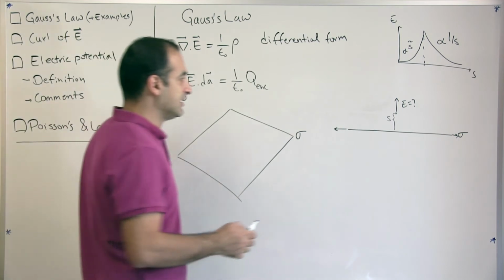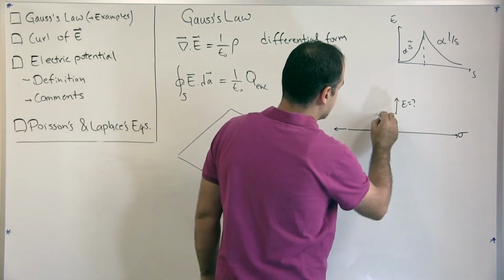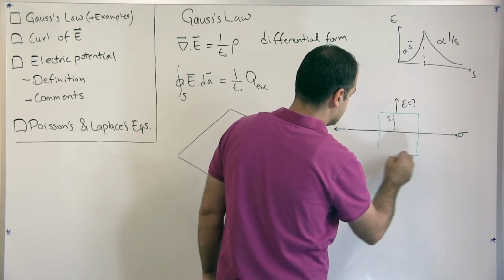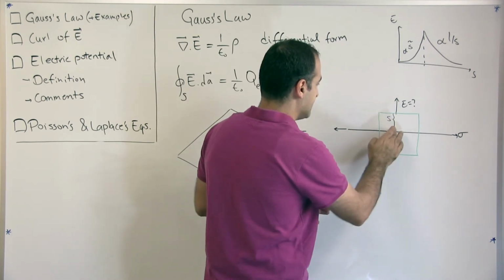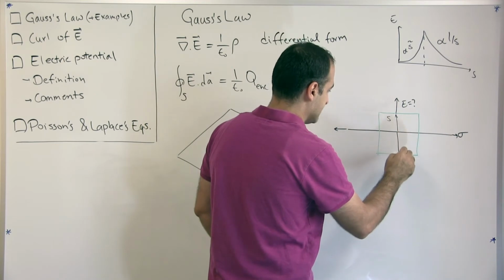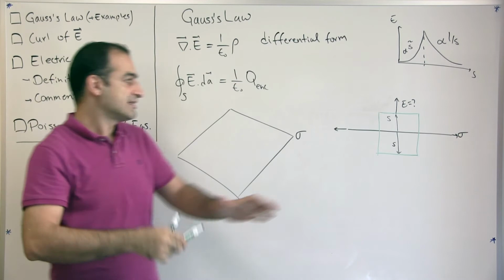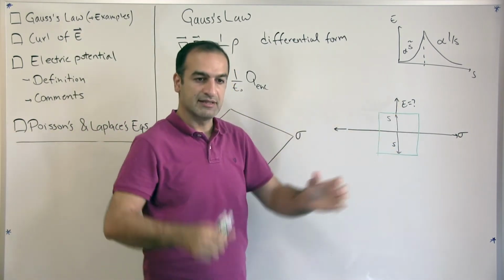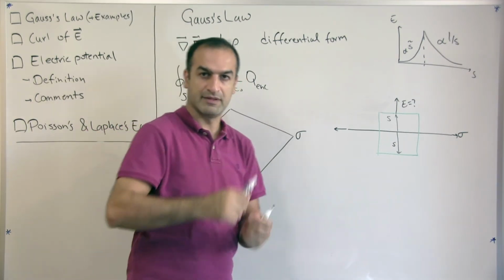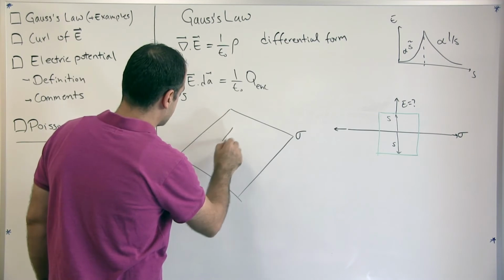And that should probably cover both sides of the surface, and I would say that the best way is choosing something like this. So if this distance is S, let's choose something symmetric so that this one is S as well. So this is technically a box that is covering both sides of the surface.